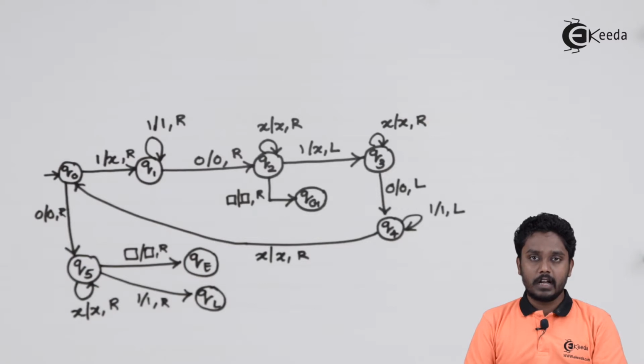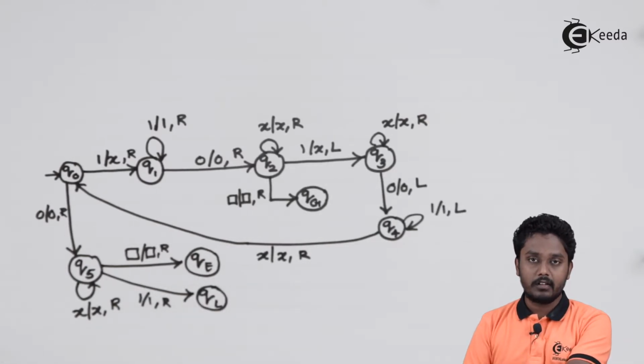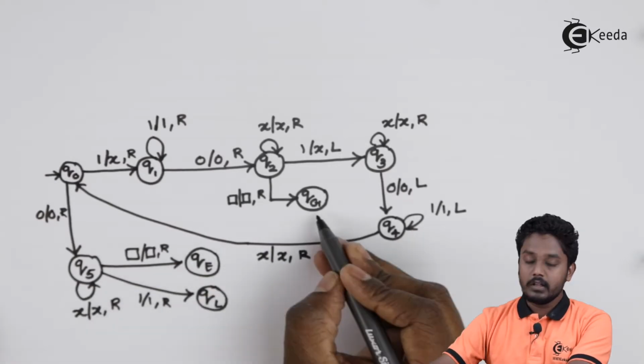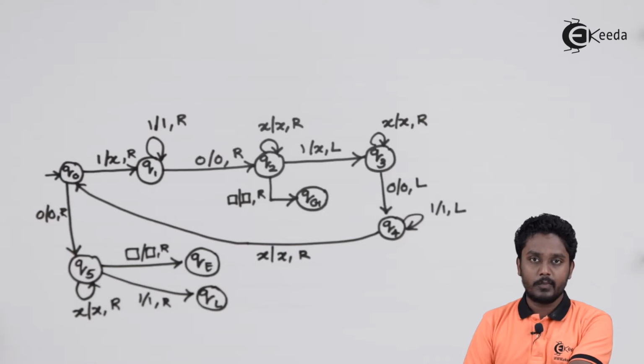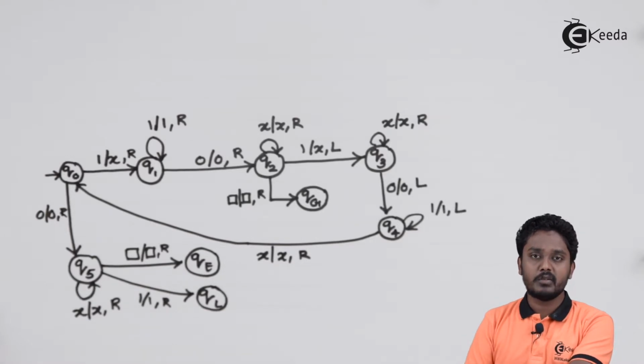Three special states I have declared over here: QE, which is the state the machine is going to achieve when x and y are equal; QG, which is the state the machine will achieve when the number x is greater than y; and QL, which is the state that the machine will achieve when number y is greater than x, or else we can say number x is less than number y. We know that according to the question, state QG and state QE must be final.